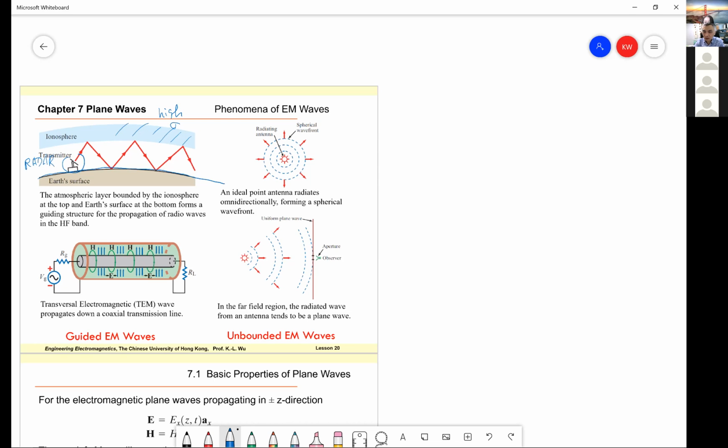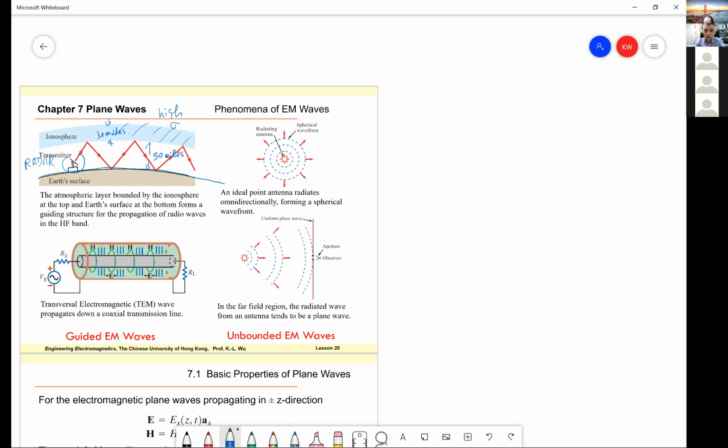And then this is about 30 miles high. And also the thickness is about 30 miles. Okay, so it's a very highly conductive layer.